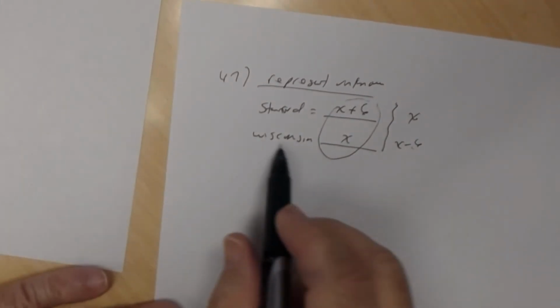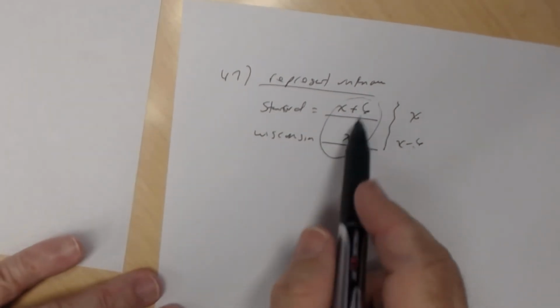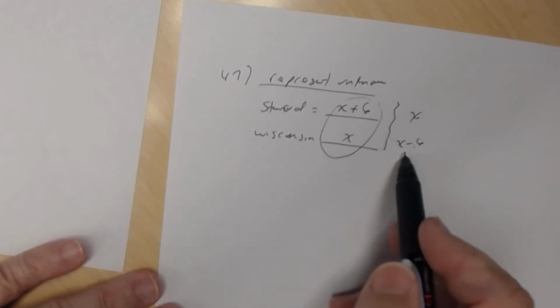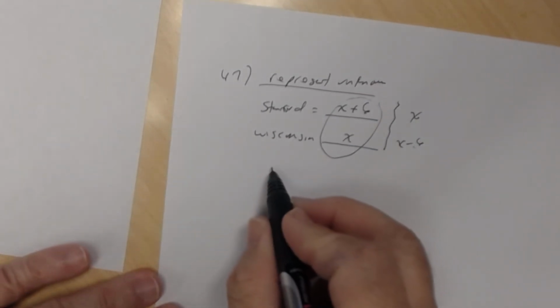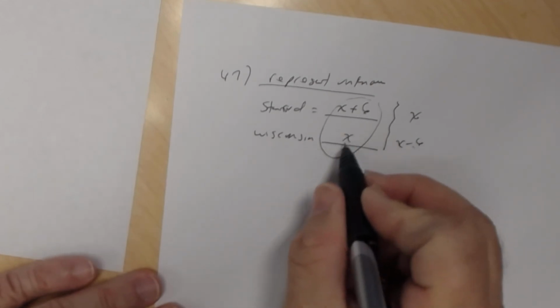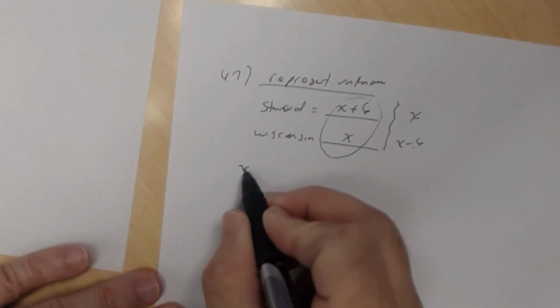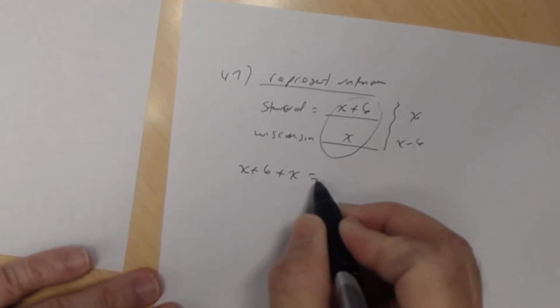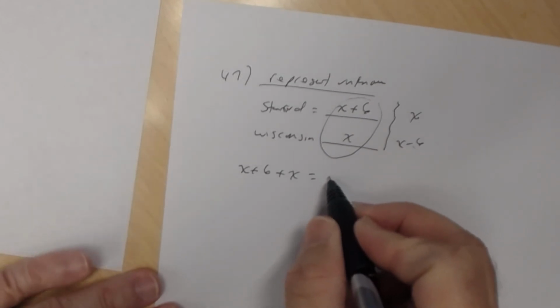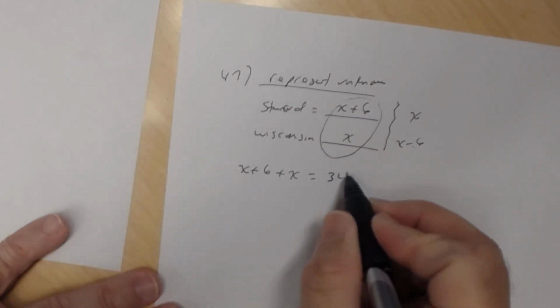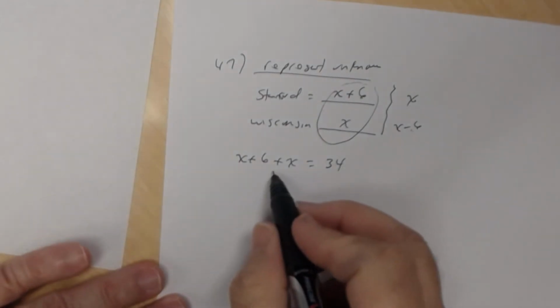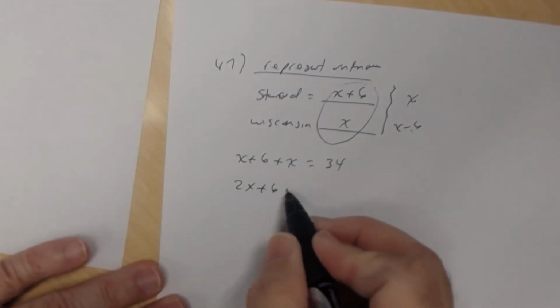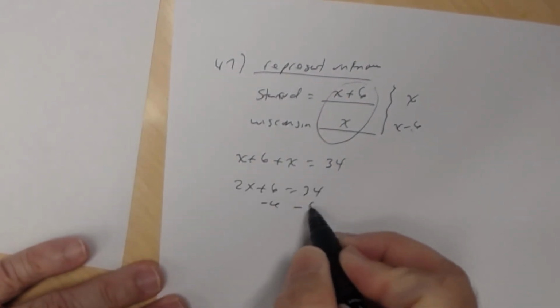All right, so we're going to set the equation. You're told that when you add these up, so you can either use these two or these two, you get the same answer. So I'll show you. So if you use these two, you're going to say x plus 6 plus x has to equal, what was it, 34? Okay, so the combined score is 34. Combine like terms, I get 2x plus 6 equals 34. Subtract 6.